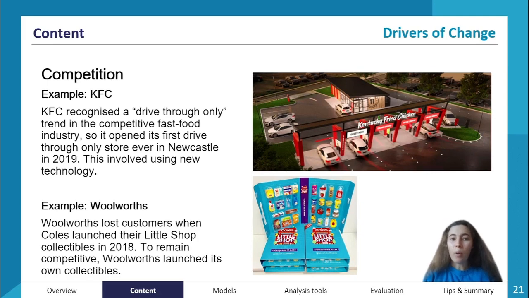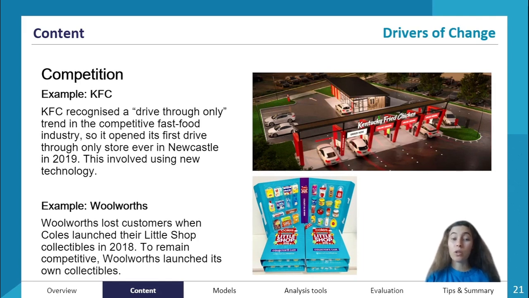So some more examples of competition. I mentioned that technology and rivals implementing new technologies can be a driver of change. And this is what we can see here with KFC. So KFC recognized a drive-through only trend in the very competitive fast food industry. So it opened its first drive-through only store in Newcastle back in 2019. And we can see a little image there of what that looked like.